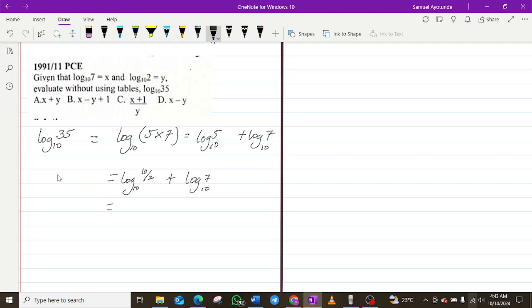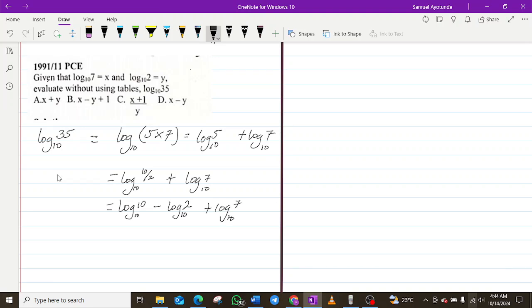So from here, we will apply the second law where division turns to subtraction. That is log 10 base 10 minus log 2 base 10, plus log 7 base 10.